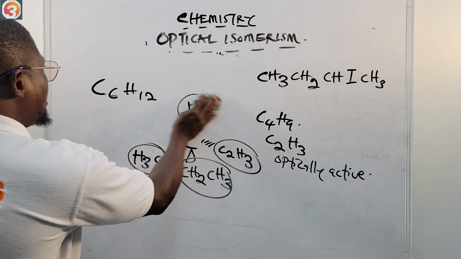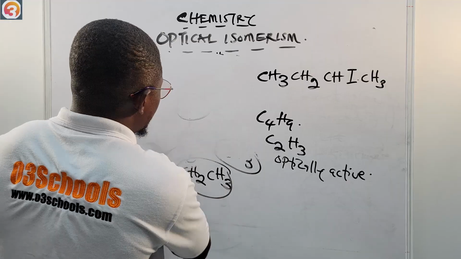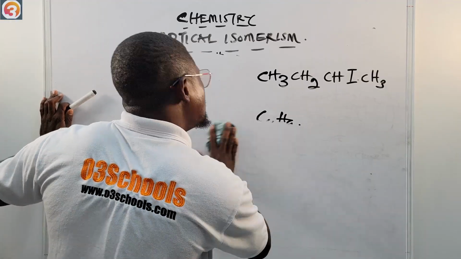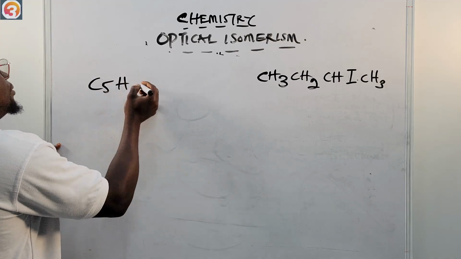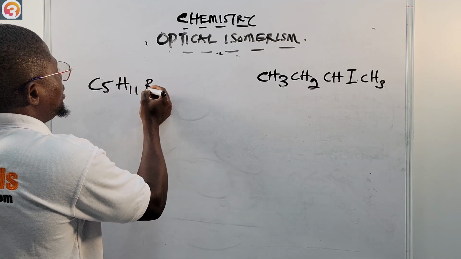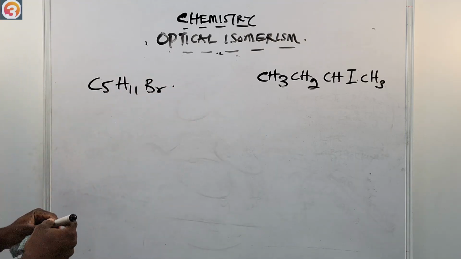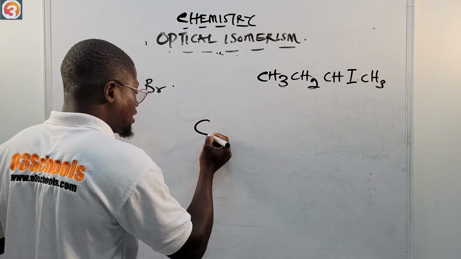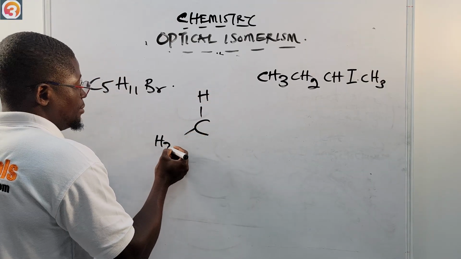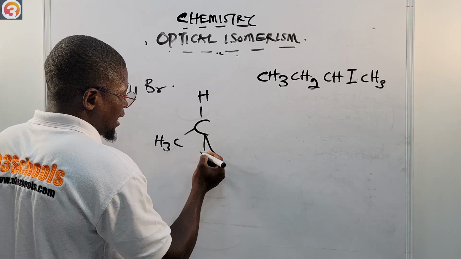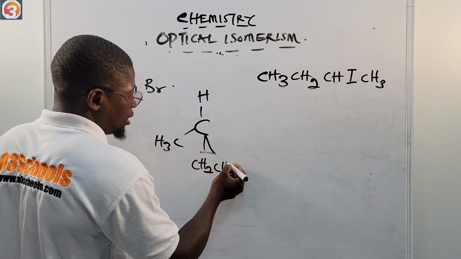Let us see another quick example. Let's say we are given C5H11Br, for example. First we assume that it has a central carbon atom bonded to hydrogen, bonded to a methyl group, bonded to an ethyl group, CH2CH3.